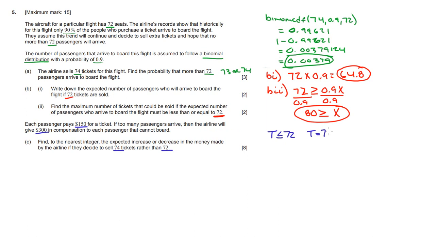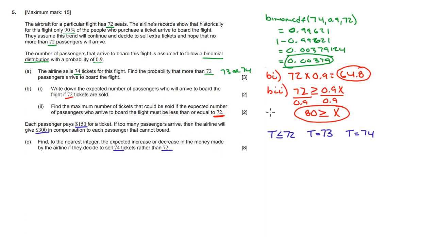If 73 show up, we're going to have to give back $300. We are not this airline, but you get the idea, right? And we also have to figure out if T happens to equal 74, because then we're going to have to give 300 times 2, $600 back, right?